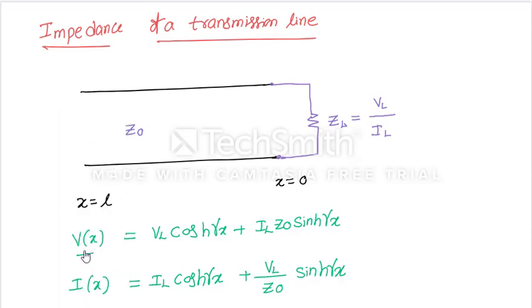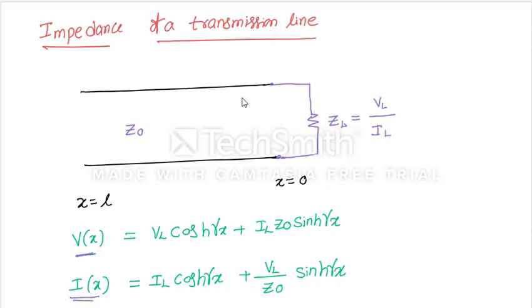X is the distance measured from where to where? Load to source. If I want the voltage at some random location, I can simply replace the value of x, and correspondingly I can get the voltage and current at that location.